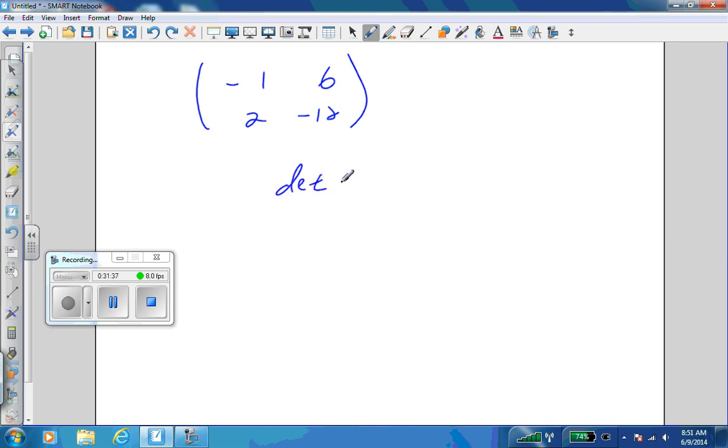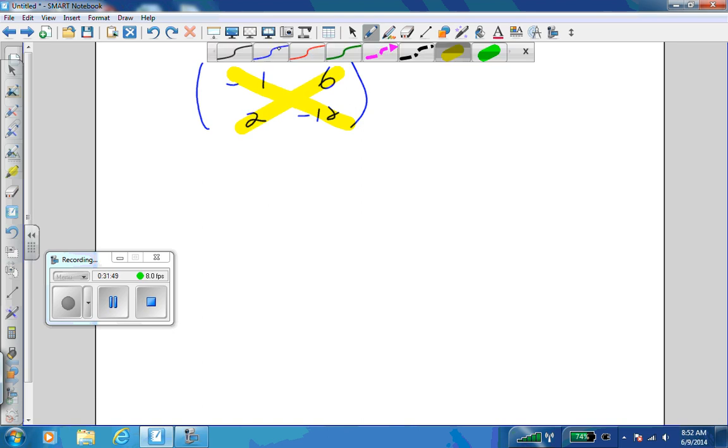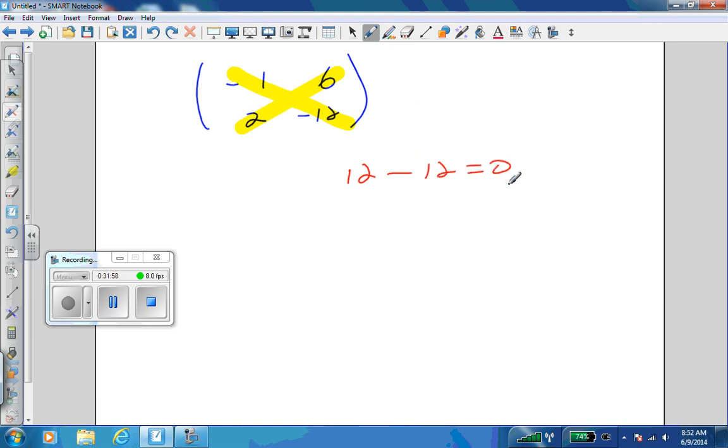If the determinant equals 0, then it's not invertible. So to get our determinant, we get that product minus that product. So -1 times -12 minus 2 times 6. That's 0. So there's no inverse to this matrix.